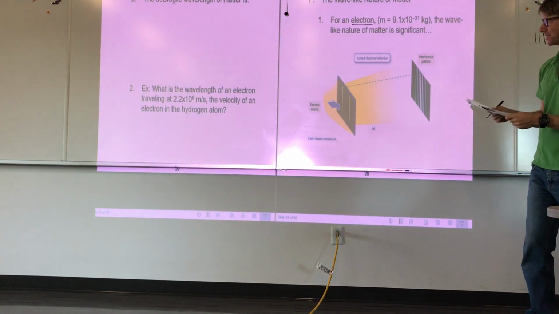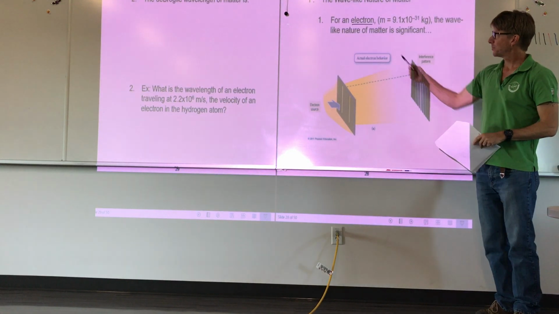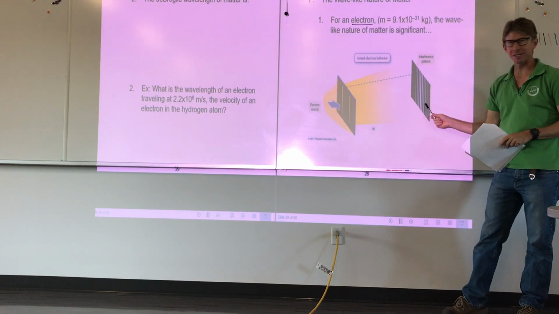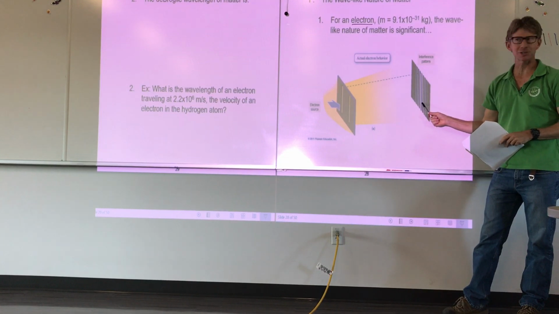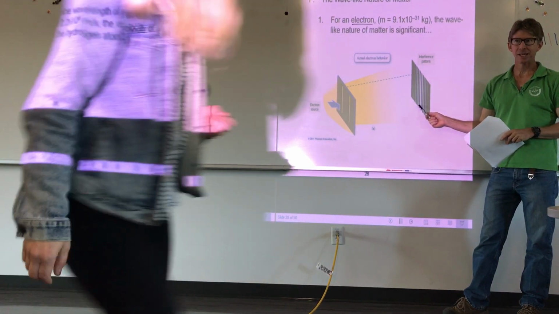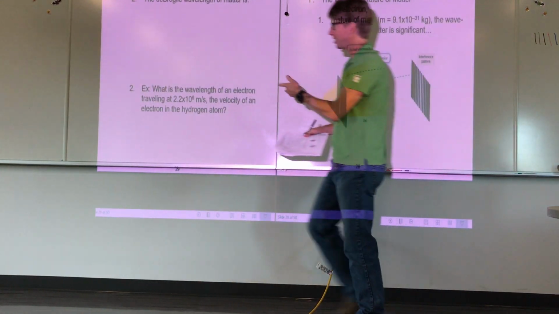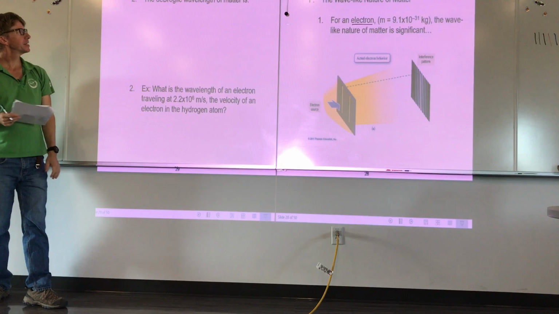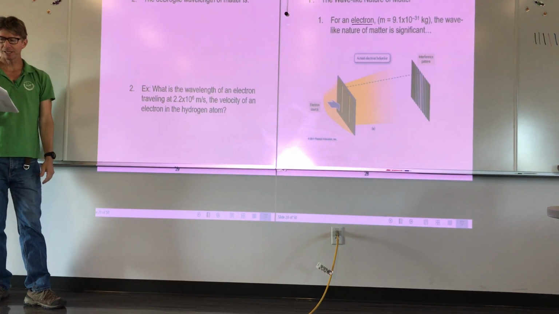Pun intended, I guess. Anyway, if I say put a proton through this experiment, we would not observe an interference pattern because it's too big. And we'll do some calculations around that now. On the next slide, I want to give you what's called the de Broglie wavelength of matter equation.